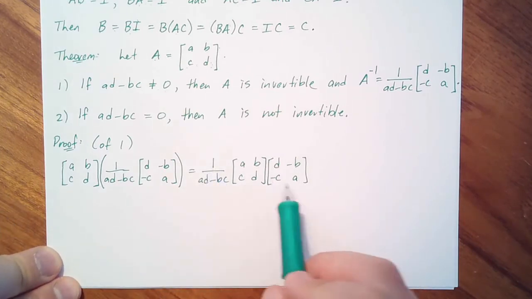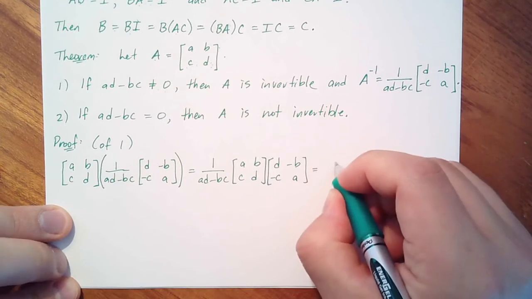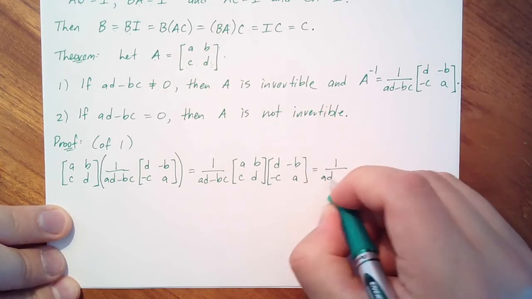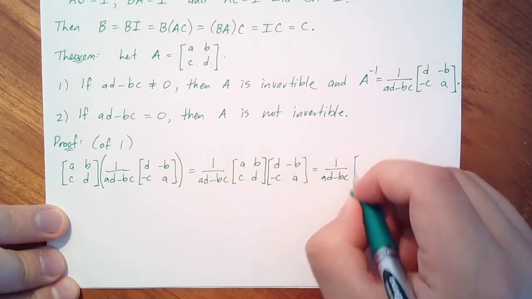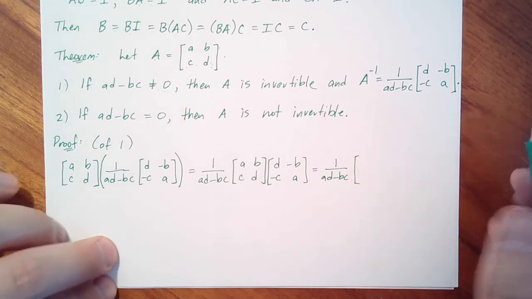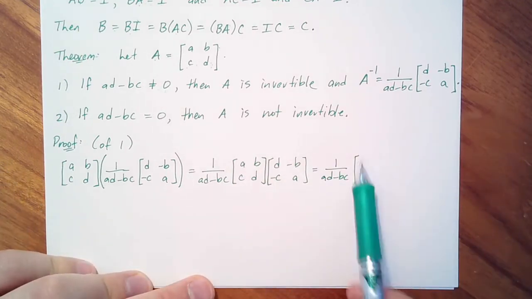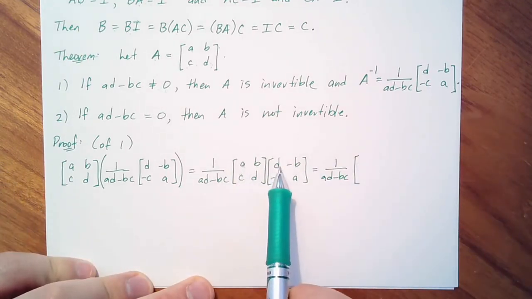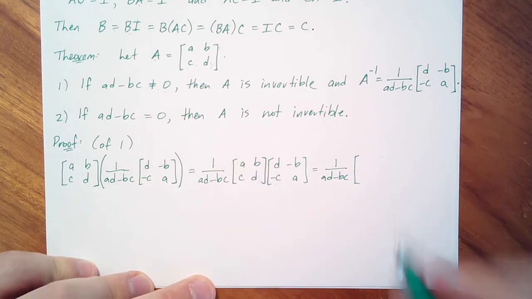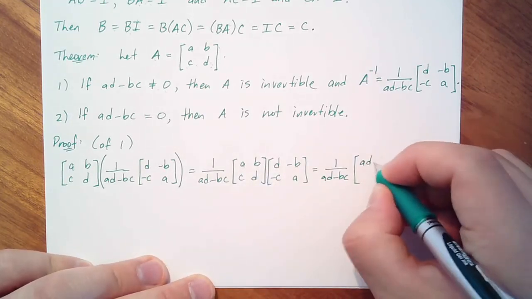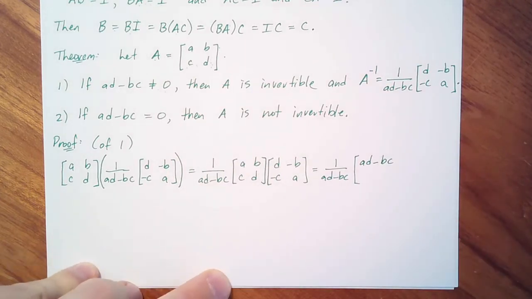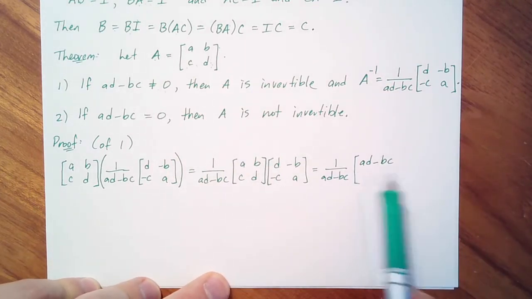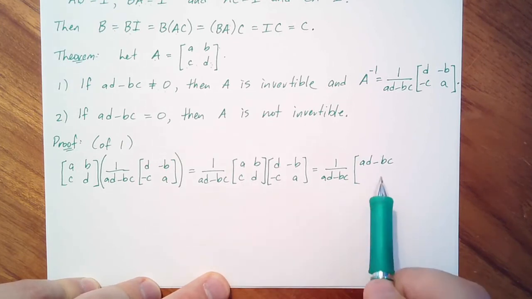So let's multiply these 2 by 2 matrices. The product of 2 by 2 matrices is again going to be a 2 by 2 matrix. Let's work out the entry in the first row, first column. We're going to have A times D and B times negative C, so that's AD minus BC. If we don't know what the letters actually are as numbers, that's the best we can do; we just write them down symbolically. What about this entry?